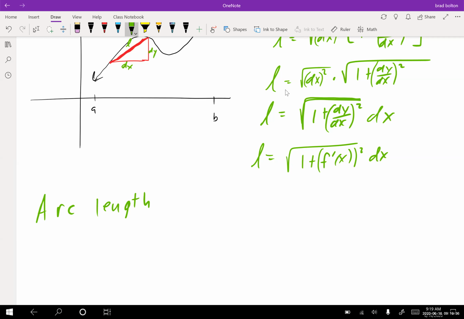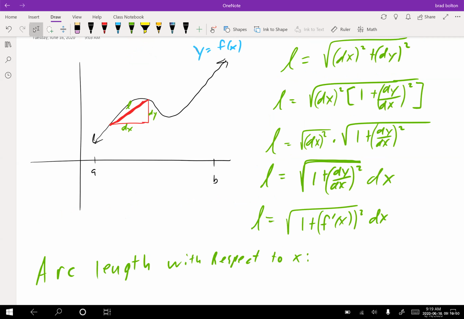Now, something I want you to understand is the reason this leads us to our formula with respect to x is because, if you come back up here and look at this, I drew one triangle, right?